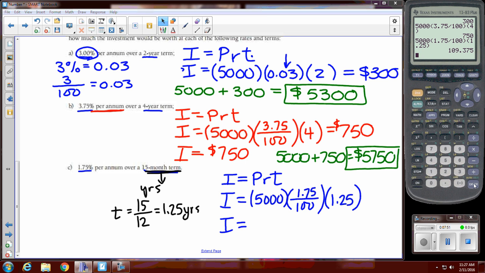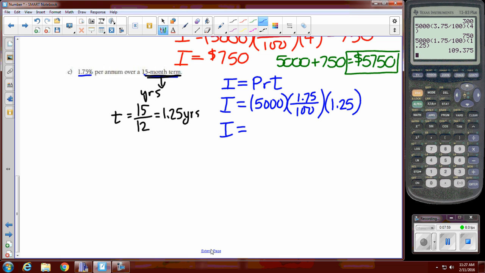And this is the number we see, 109.37. Now it's important that you know money only has 2 decimal places. So I'm going to write that down here, 109.375. Now if we only have 2 decimal places in money, we have to round this. This 5 bumps that up, so my interest is actually going to be $109.38.